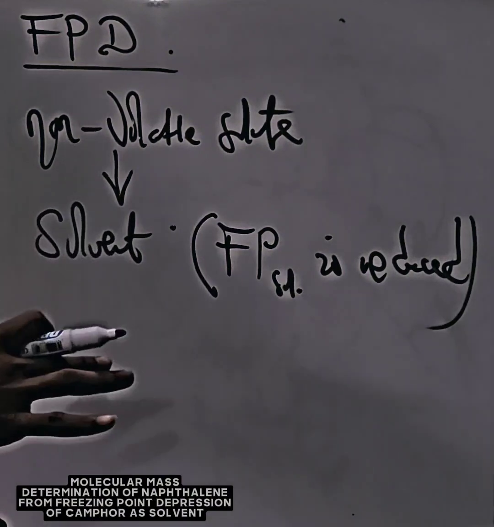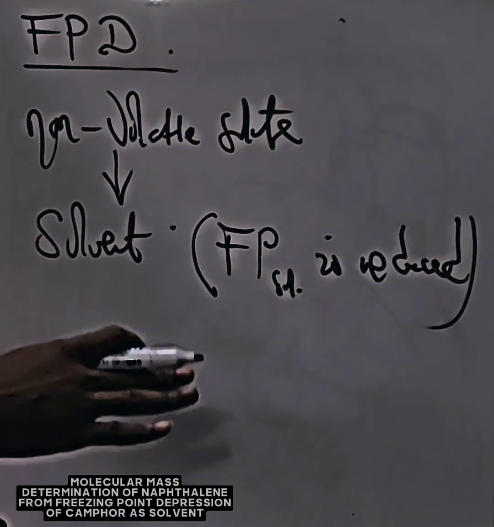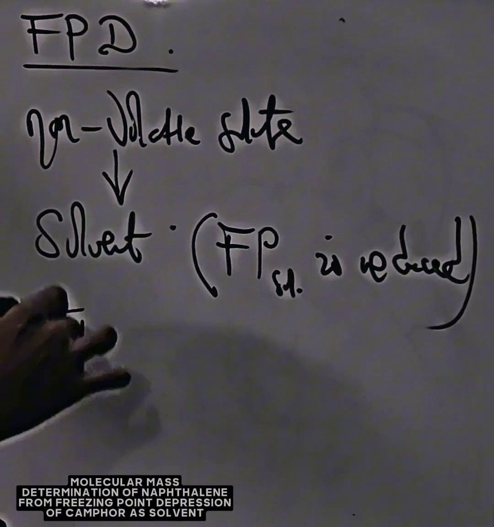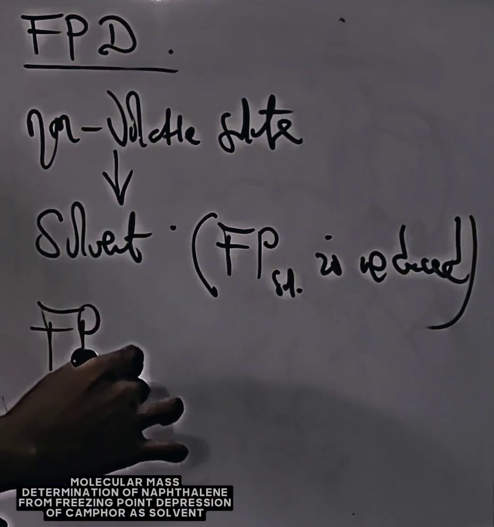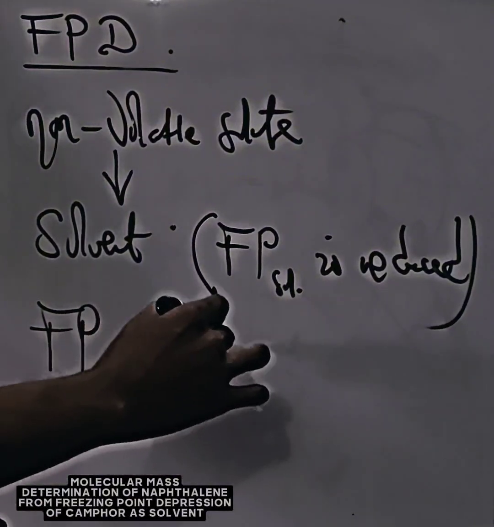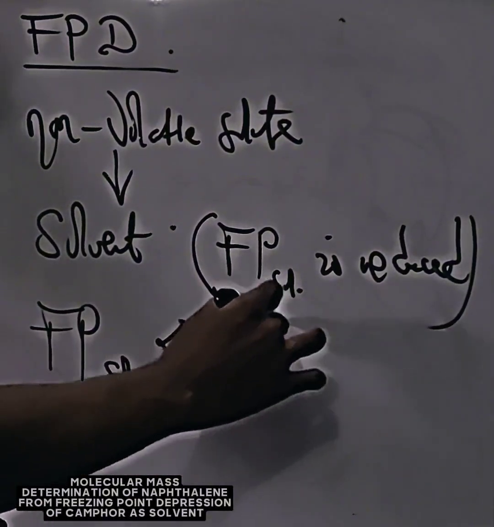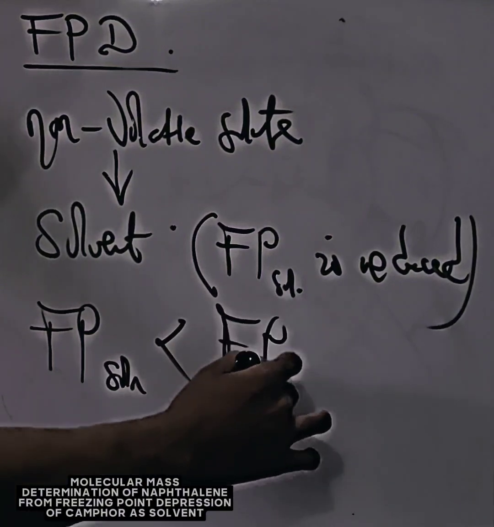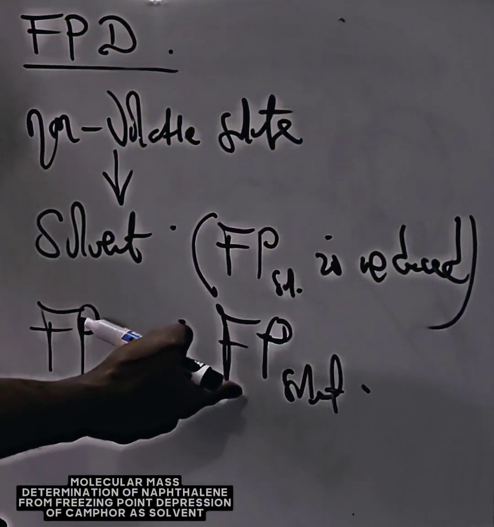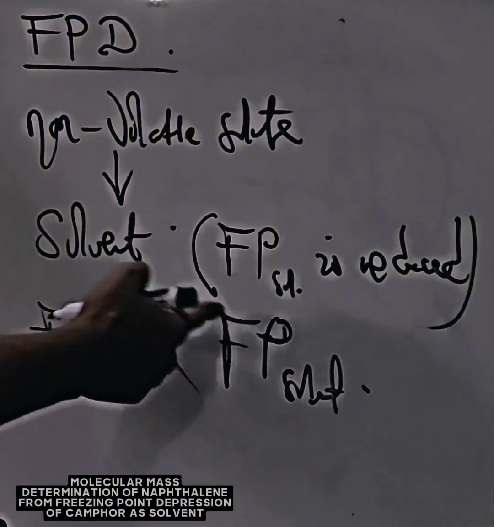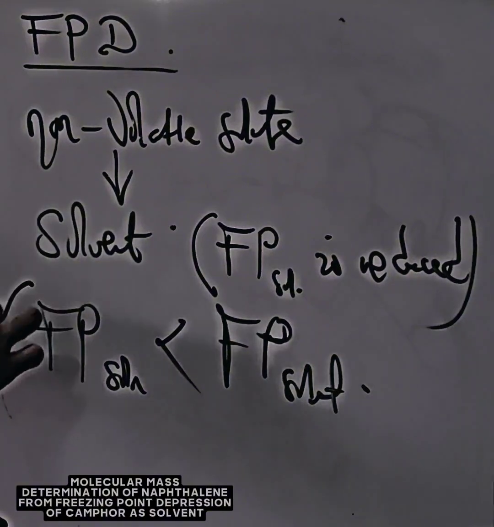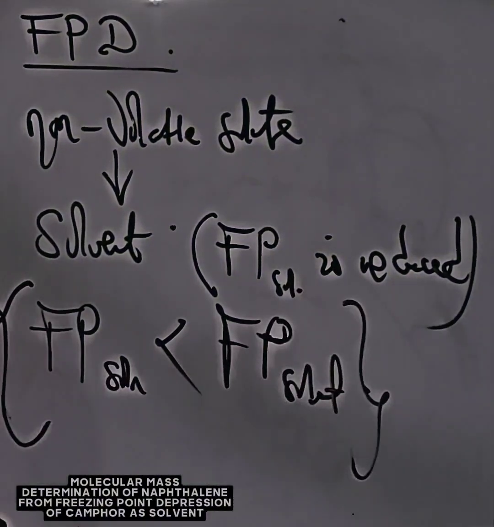Now, as a rule, the freezing point of a solution is always lower than the freezing point of the pure solvent. So the freezing point of the pure solvent is always greater than the freezing point of the solution. This is very important. You should know that.